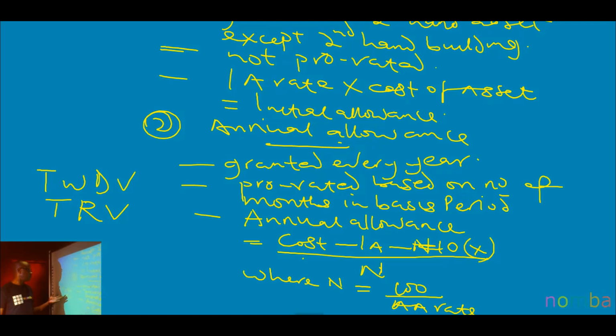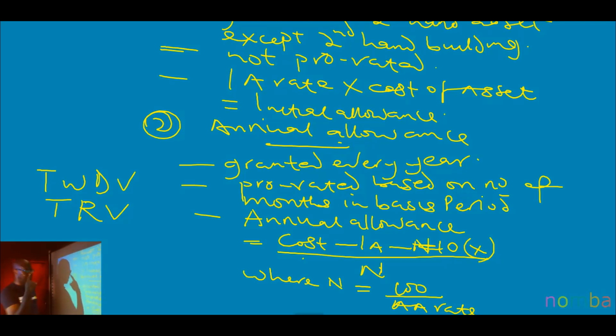This is what you call net book value in financial accounting. In tax, we call it tax written down value. Every asset in tax has a TRV, and that is 10 naira. In FA, an asset can have a nil scrap value, isn't it? In tax, nothing like that. There must be 10 naira. So this is the 10 naira coming in here.